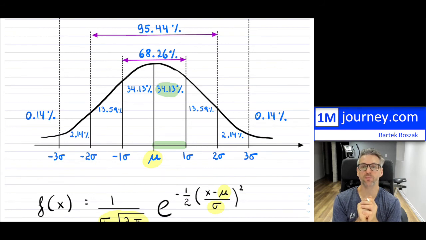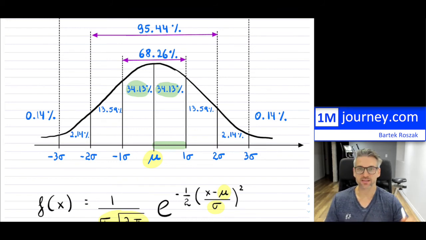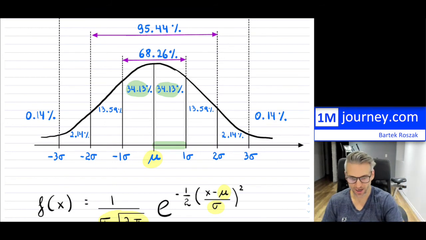So that's the probability that you're going to be within one standard deviation to the right. Because it's symmetrical, it's also 34% to the left, which means that within one standard deviation, to the left and to the right, you're at 68%.